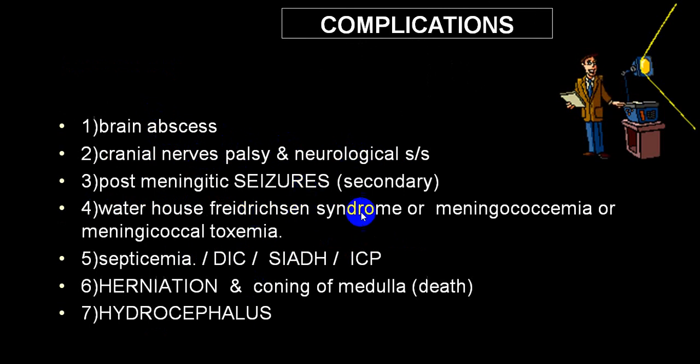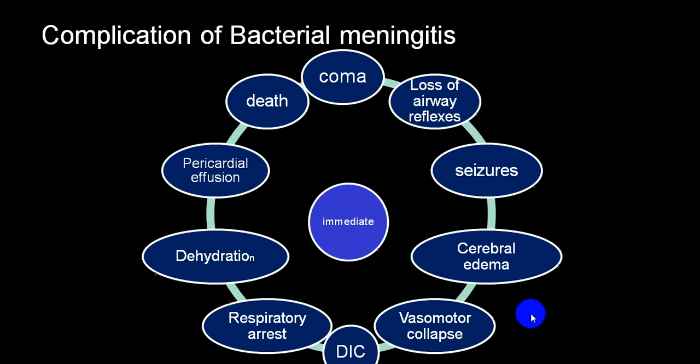In case of meningococcemia, Waterhouse-Friderichsen syndrome and high mortality. A person can develop septicemic shock, DIC, SIADH, raised intracranial pressure, herniation and coning, and hydrocephalus. All these can be complications.